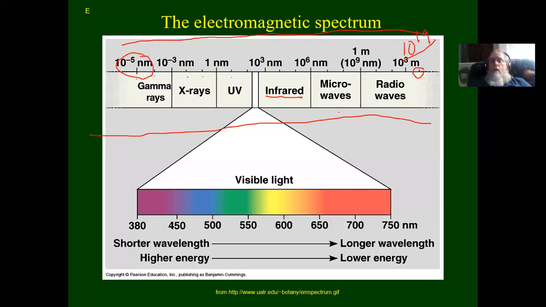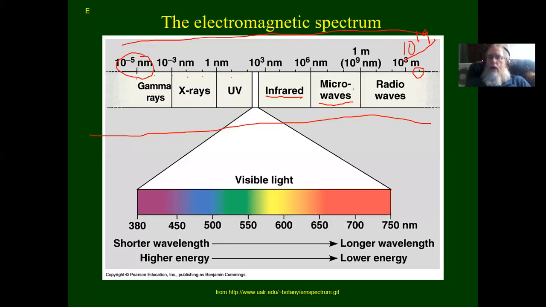Infra is Latin for below, so this means below red in frequency and photon energy, longer wavelength. And as we're going to see shortly, things at typical surface temperatures of the Earth, including you, emit a fair bit of infrared radiation. We often use the term microwaves for this kind of transition between infrared and radio waves.